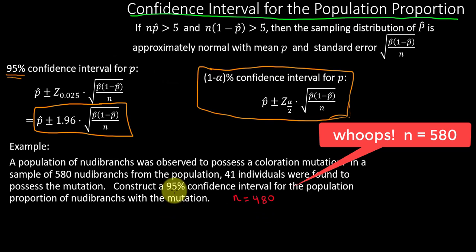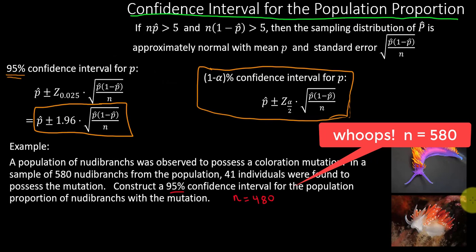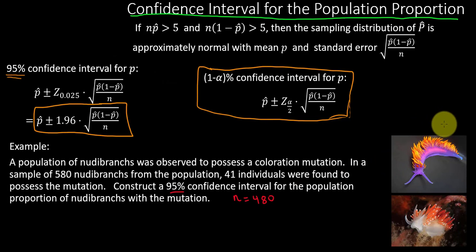We're going to create a 95% confidence interval for the proportion of nudibranchs with the mutation based on our sample info. Copy pasted a couple stock images here of a couple different nudibranchs. Pretty cool gastropod, really small, really beautiful marine organisms.